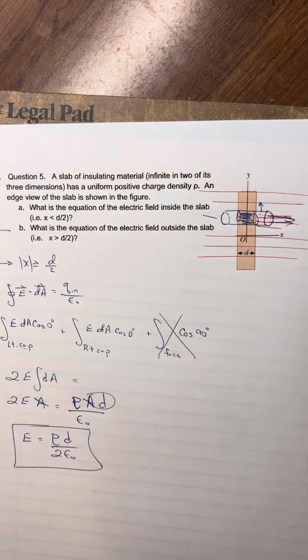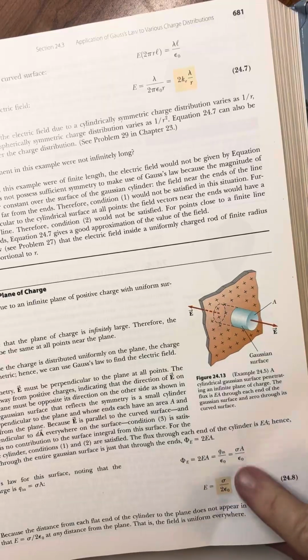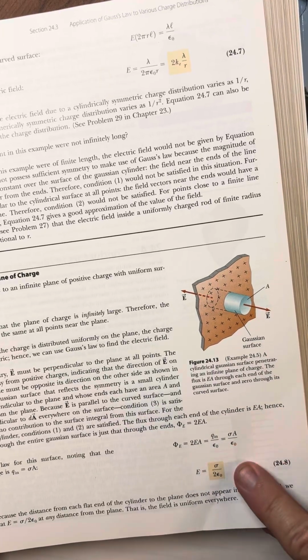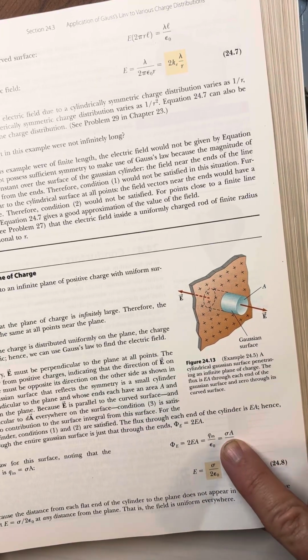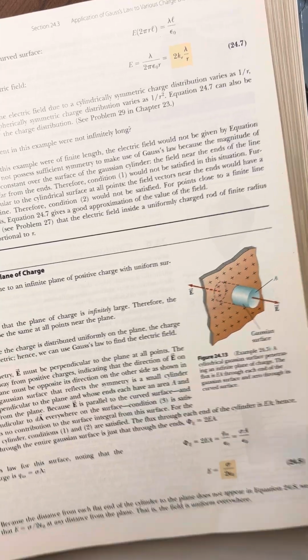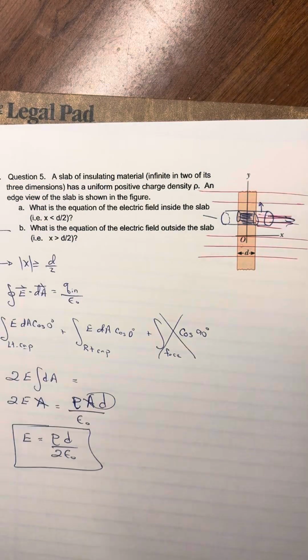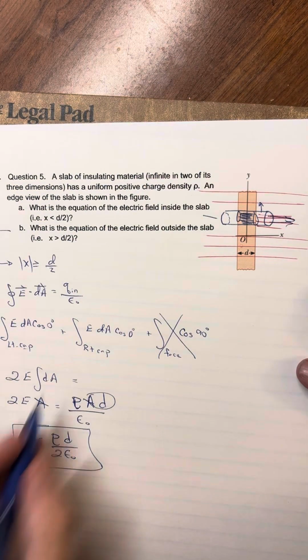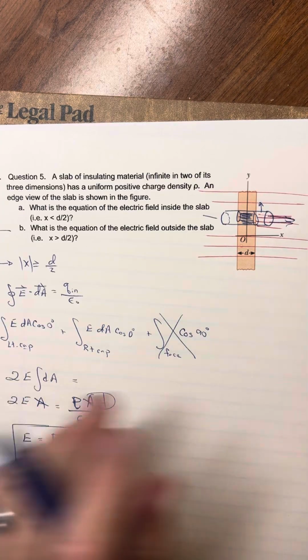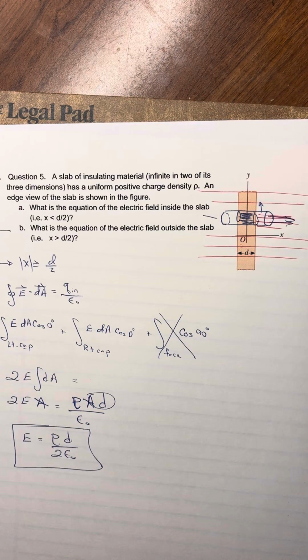In the book example, they had right here sigma times area, because it's surface charge times a surface. Okay. And so this is the answer to B. What is the field on the outside?